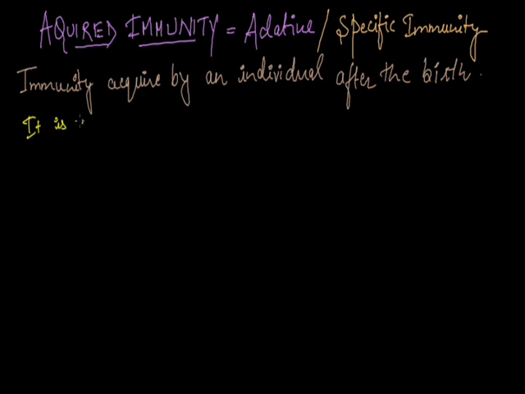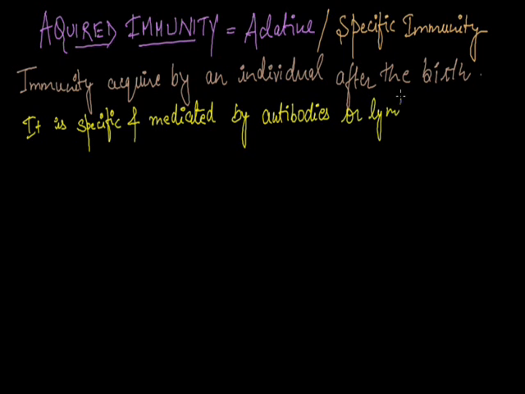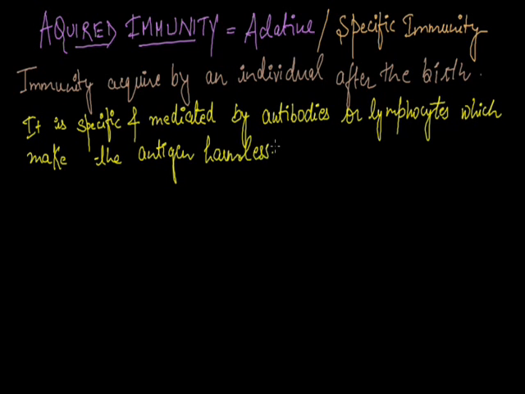It is specific and mediated by antibodies or lymphocytes, which make the antigen harmless by any means, by killing or stopping their growth. So acquired immunity is the immunity which we adapt after birth. Next is the characteristics of acquired immunity.